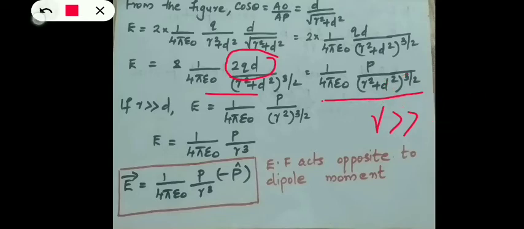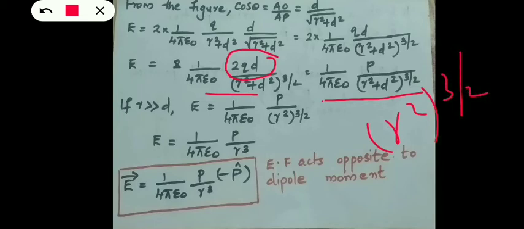And here also you can use the properties of the powers. How will you simplify this? 2 into 3 by 2, the 2 cancels, and what is left? r cube. So r square all raised to 3 by 2 is equal to r cube. So we will get E equal to 1 by 4 pi epsilon naught into P by r cube.